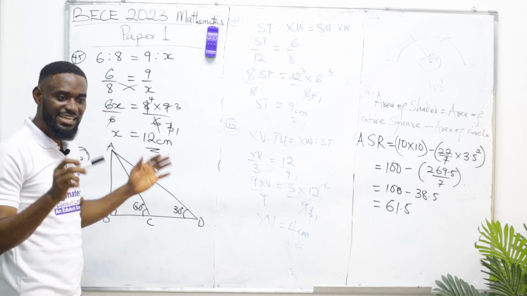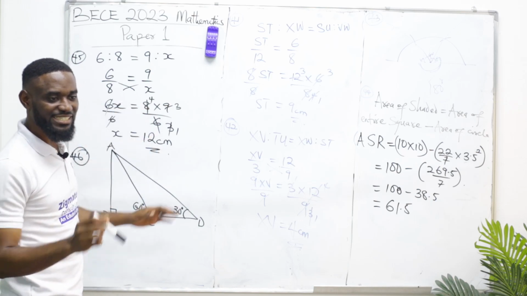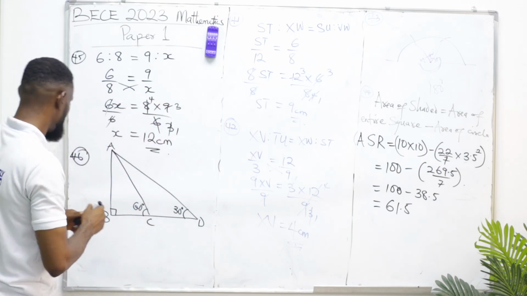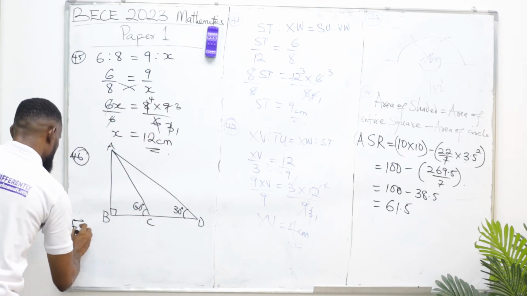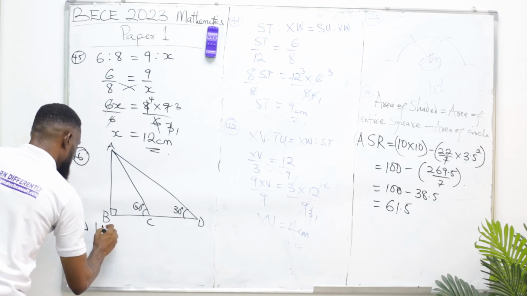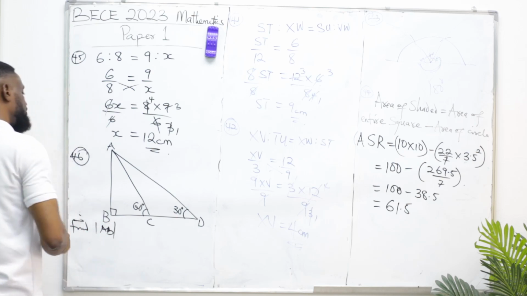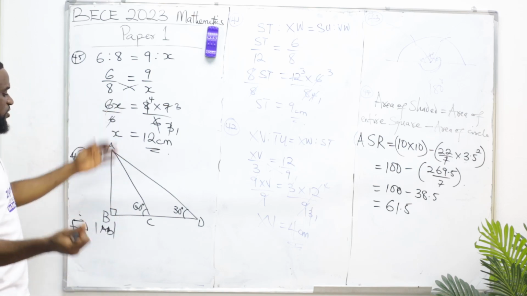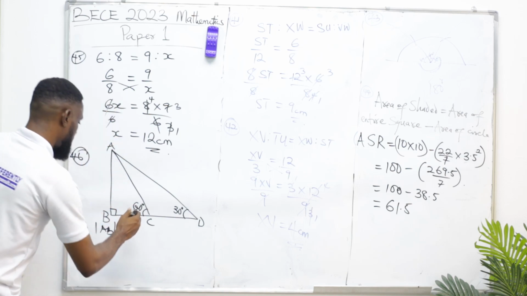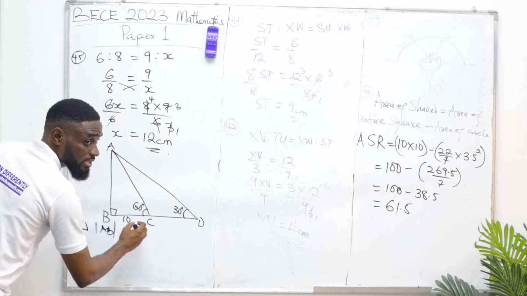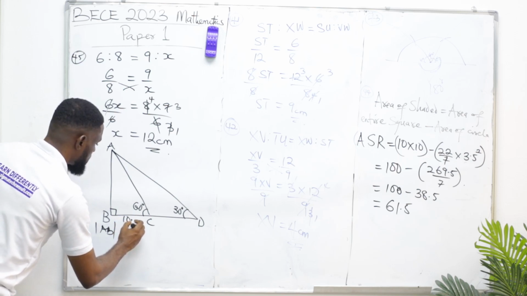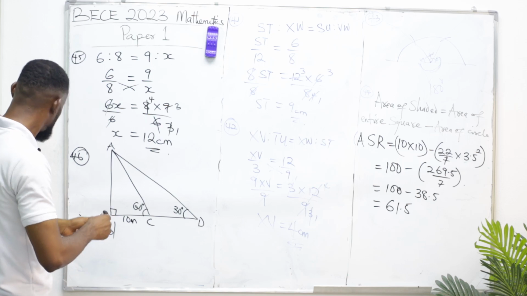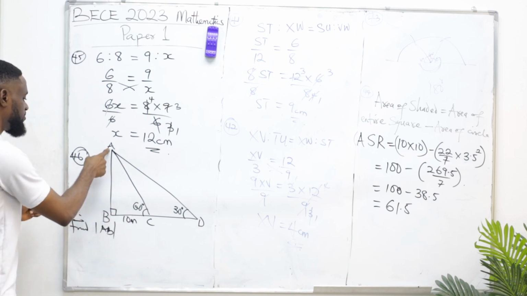So they are asking the first question, find line AB. So they say we should find AB. Now look at this question very well. This is 10 meters. All right. So they're asking us to find AB.